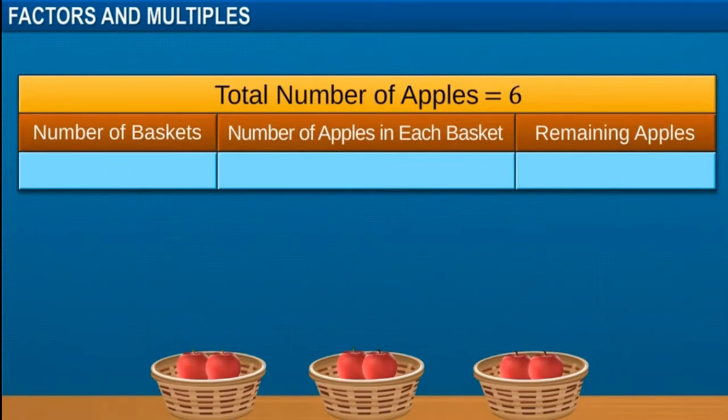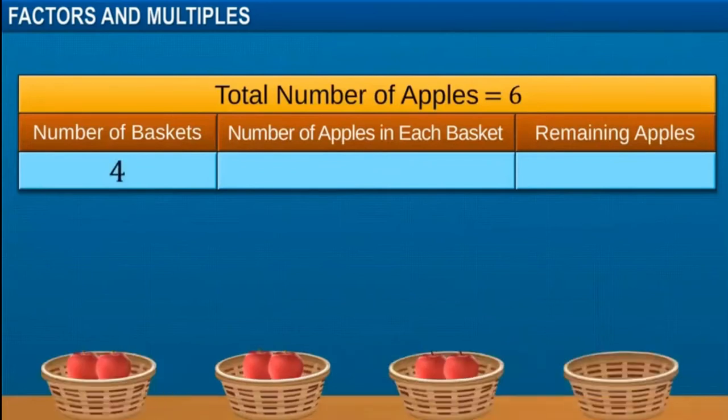Now, if we have 4 baskets, we have a problem. After packing 1 apple in each basket, there are still 2 apples left. Here we are trying to pack the 6 apples into 4 baskets.